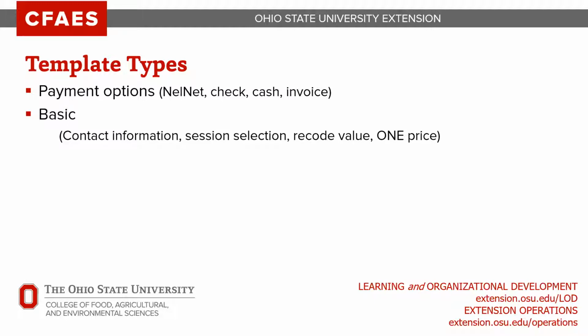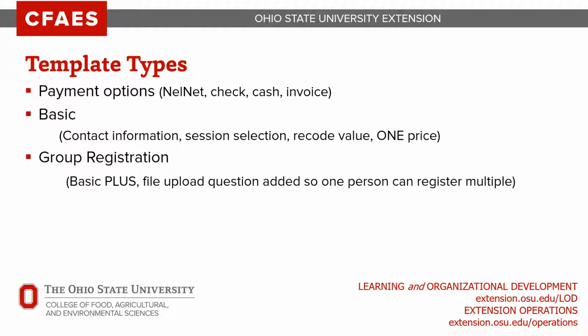It's called basic because it's one price. So you have one price if you want to sign up for, let's say, ServSafe level 1. You have another price if you want to sign up for ServSafe level 2. So it's kind of basic. Then we're going to have an option for group registrations. That's going to be the basic template plus the ability to do a file upload.